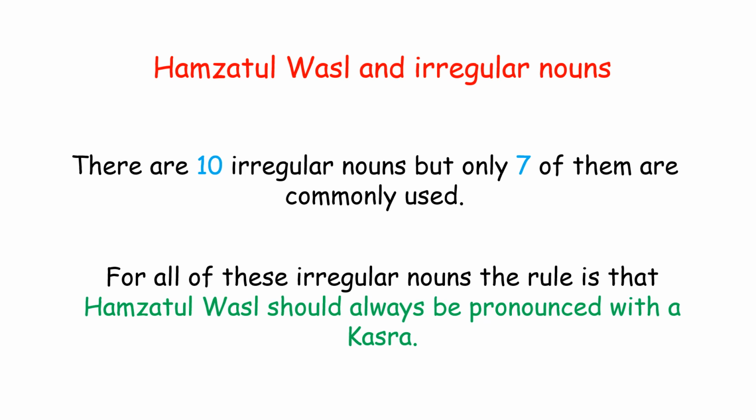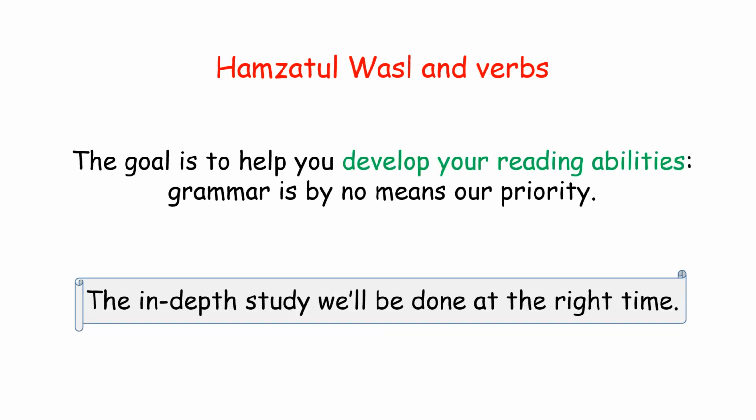Pronunciation-wise, for all of these irregular nouns, the ruling is that Hamzatul Wasl should always be pronounced with a Kasrah whenever the reader uses these words as a starting point. Otherwise, Hamzatul Wasl will be skipped as mentioned in the first lesson of this series.